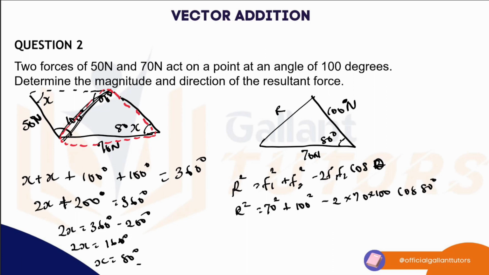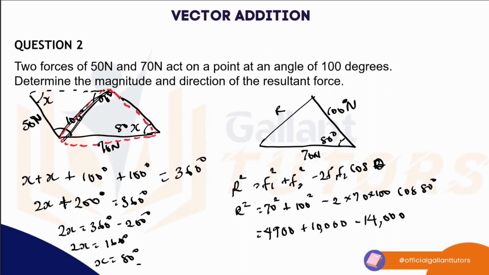Okay, let's move on. Using what I taught you the last time, what do you think 70 squared will be? Don't use a calculator. Correct, 4,900. What of 100 squared? Just put your two zeros, and it results in 10,000. So 2 times 70 times 100 will give you 14,000.